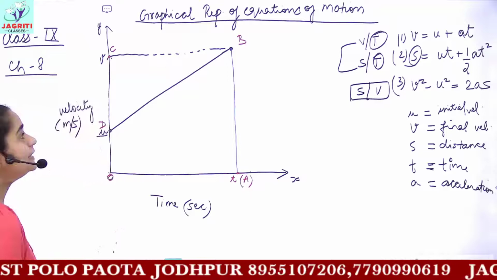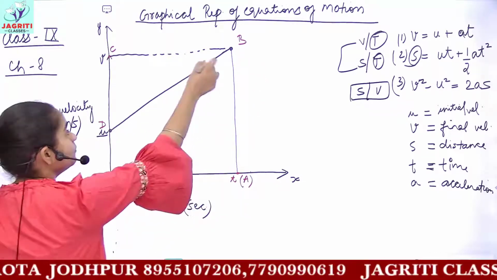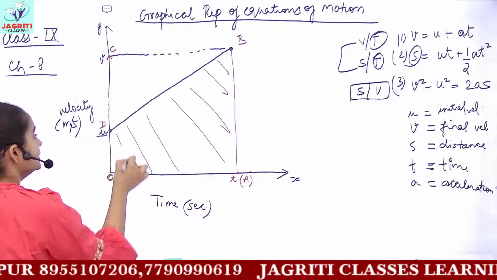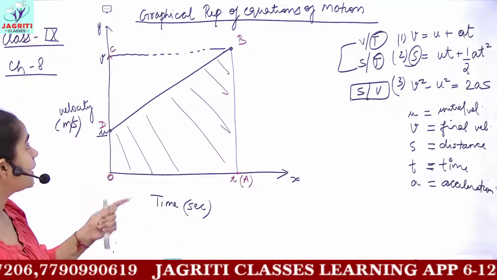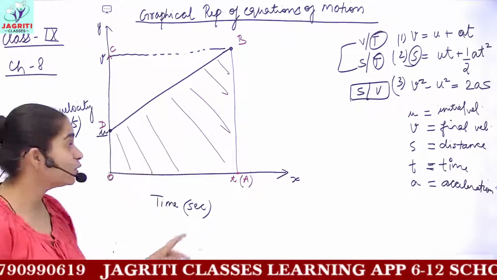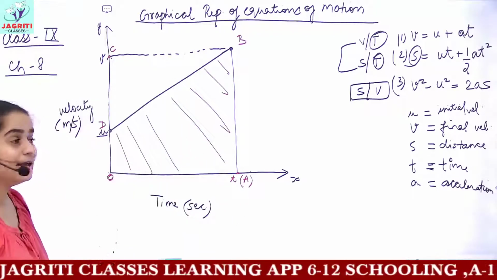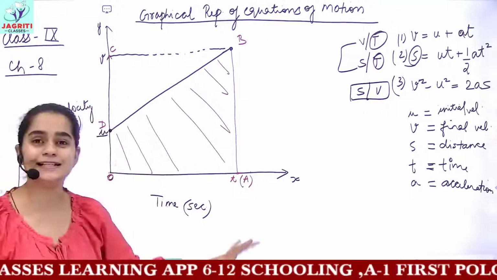Now I joined my curve with the x-axis. If I find the area of this shape, which is a trapezium, the area of the graph would be equal to the area of OABD. If I find the area of OABD, then I would get the area of this graph.